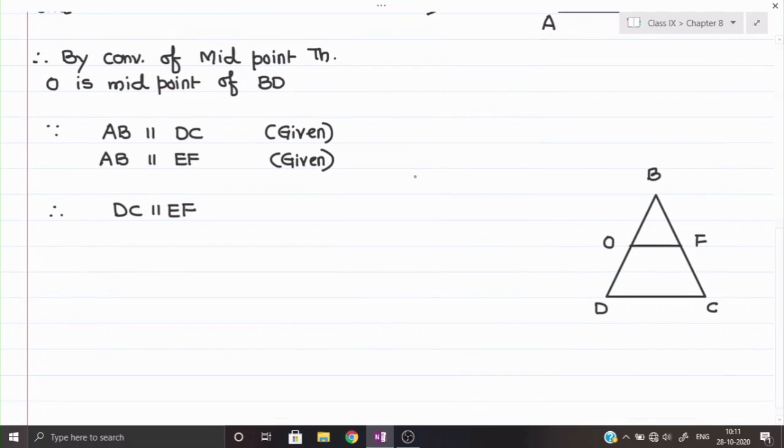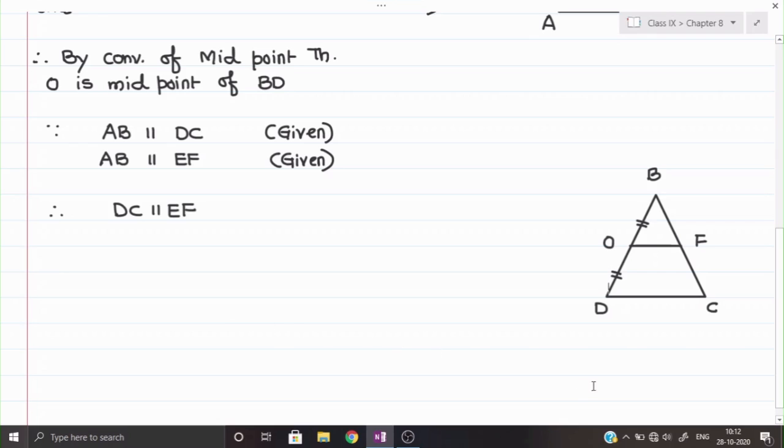Okay, so now see, in this triangle again O is a midpoint because we have proved it earlier. We have proved O is a midpoint of BD. Second thing, now we have OF is parallel to CD as well. Now you will say, where have we proved OF and CD are parallel? But just now we have proved CD and EF are parallel.